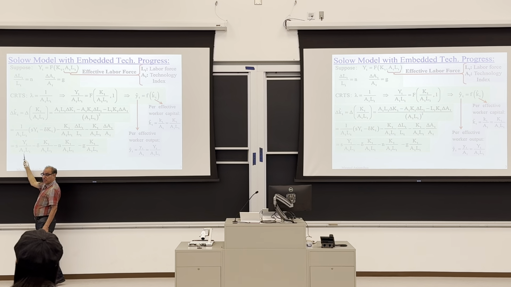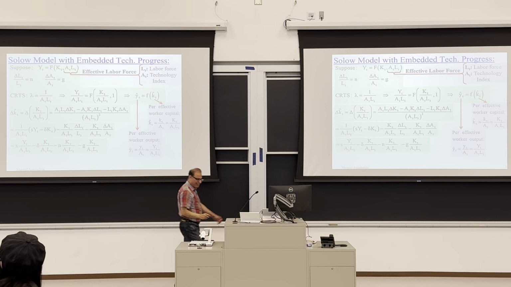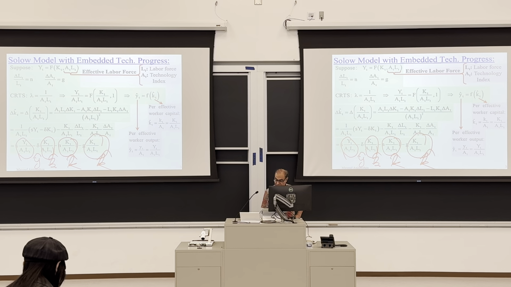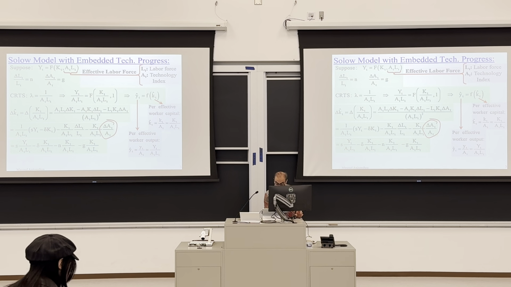So this is y hat. Is this y hat? You got here? This is y hat. This is k hat. This is also k hat. And this is k hat. Is that right? And notice this. What is this?